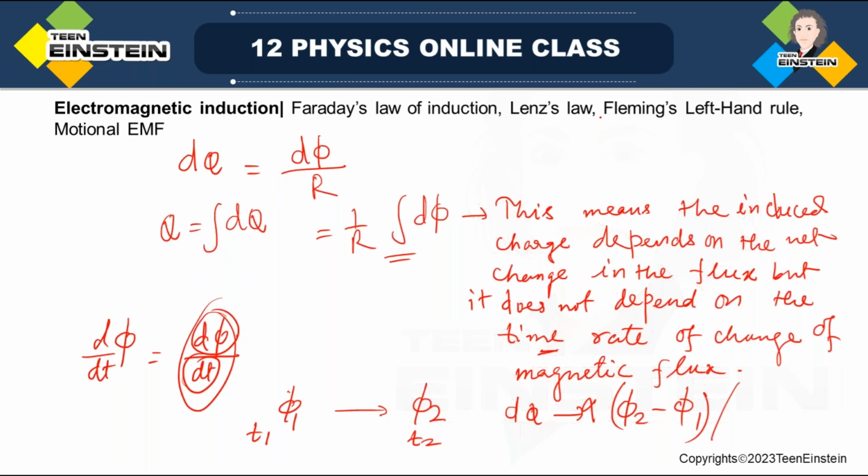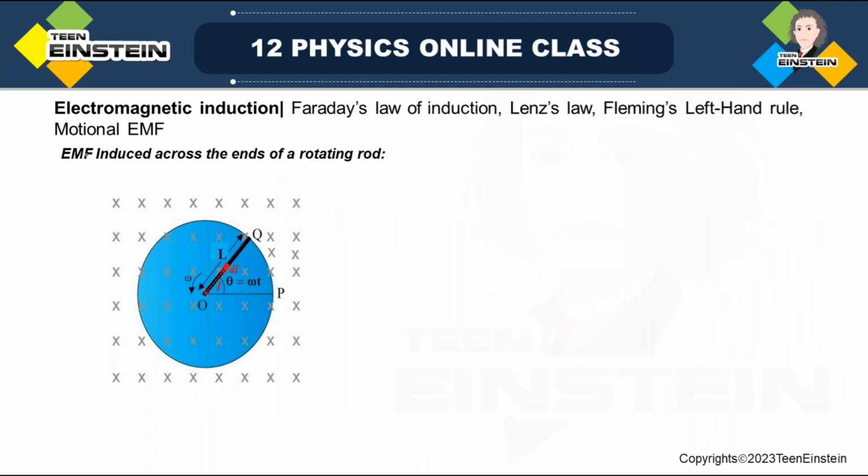Now we'll just discuss another part. There will be numerical problems in various competitive exams depending on motional EMF. So one example of that is the induced EMF across the ends of a rotating rod.